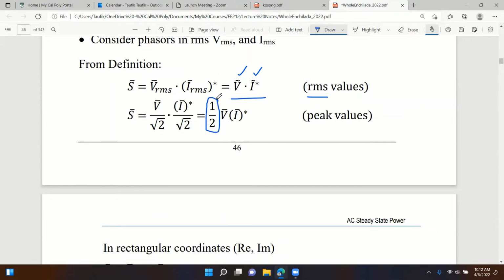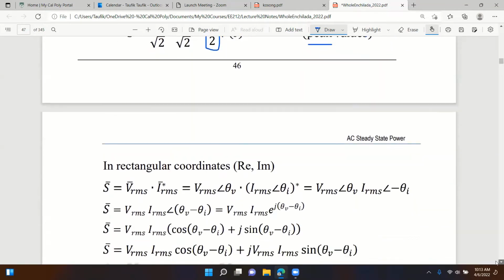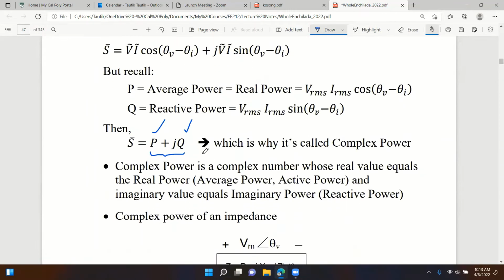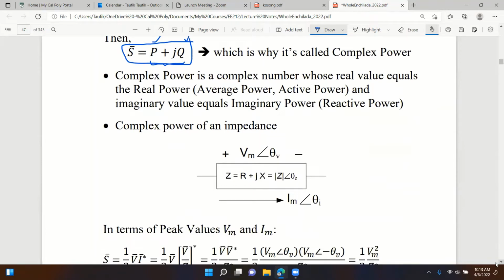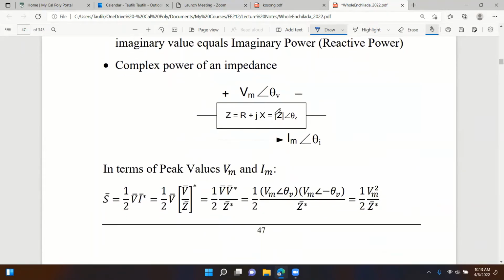Don't forget the 1/2 if you use peak values. So you have the first equation for complex power, the second equation, and the third one right here. Okay. Any questions so far? And we talked about this example, right? We went over this example last time.